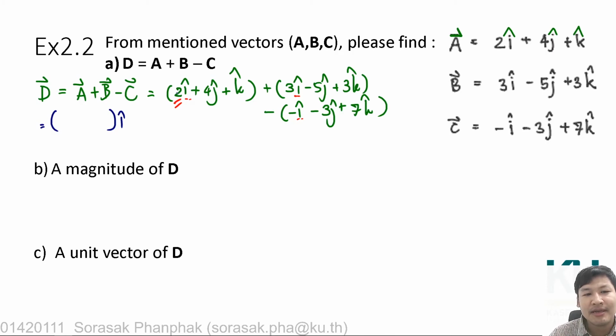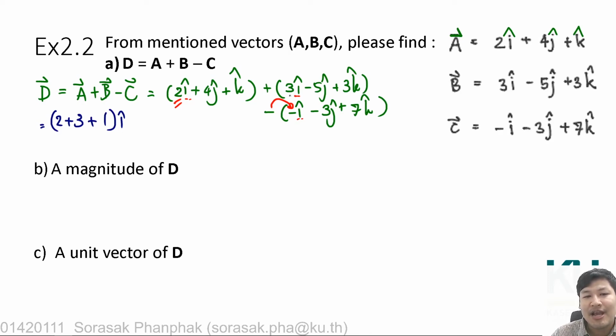The first one from A is 2, and the second one from B is plus 3. And how about from C? It is minus 1, right? But you still have minus in front of the bracket, so you multiply it, and you get plus 1 for the i component.